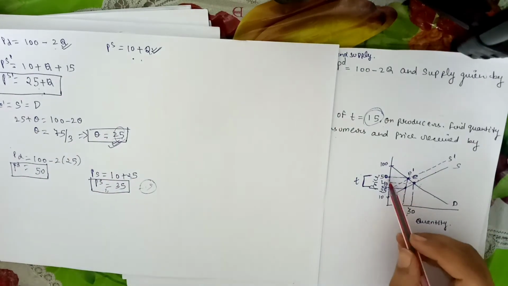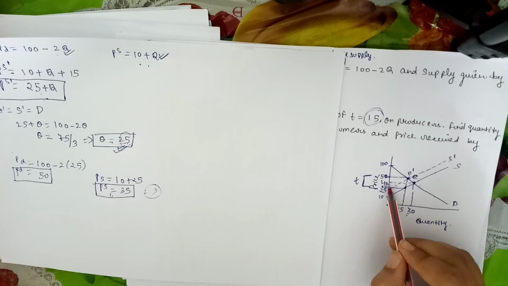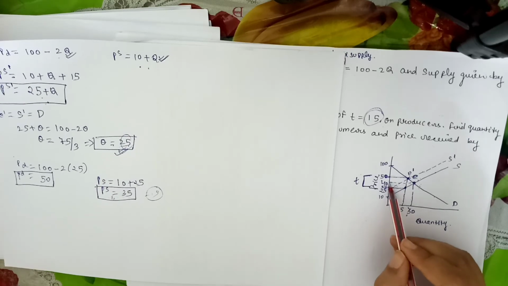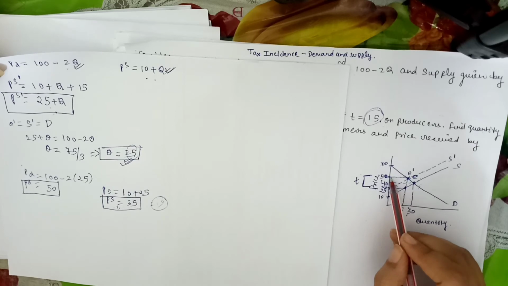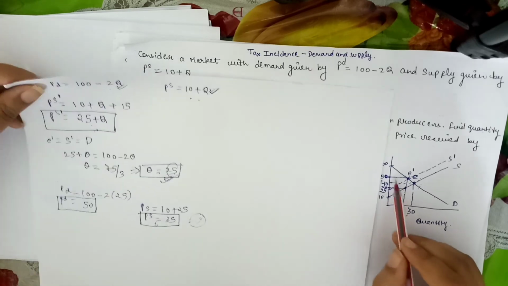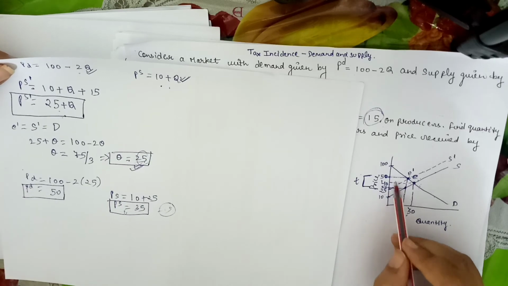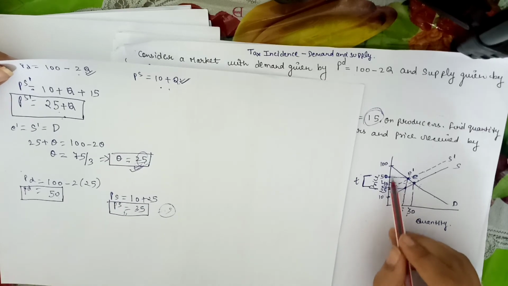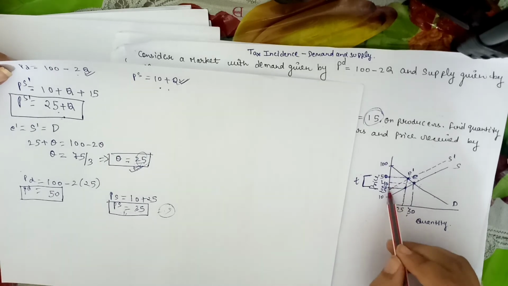Before the taxation, 40 is the price for both, but after imposition of tax, the consumer is paying 10 more, that means 50, and the producer is receiving 5 less, which is 35. So that means the incidence of tax is more on consumers and less on producers.